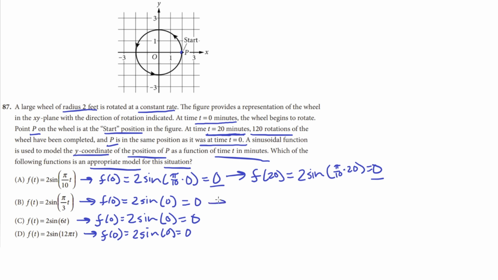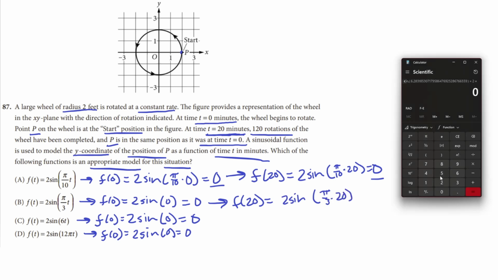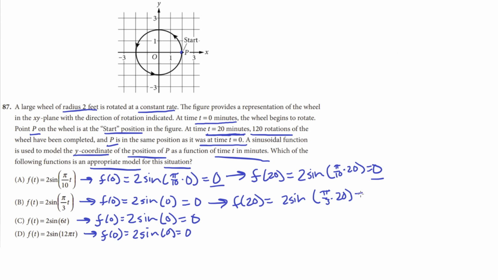Let's check B. F of 20 is 2 sine of pi over 3 times 20. If we put that into our calculator, pi divided by 3 times 20, take the sine of that and multiply by 2, we get something that's not 0.